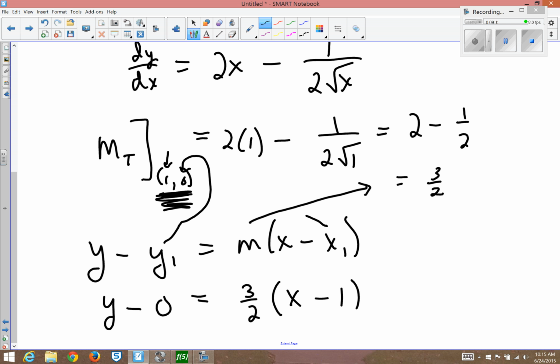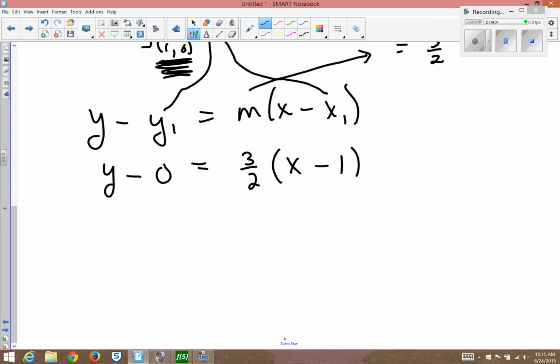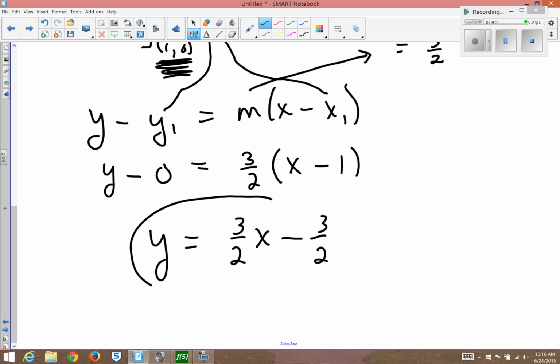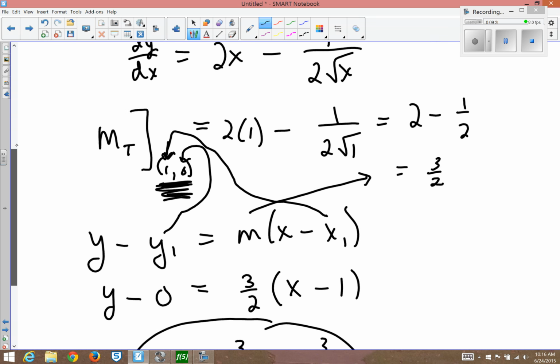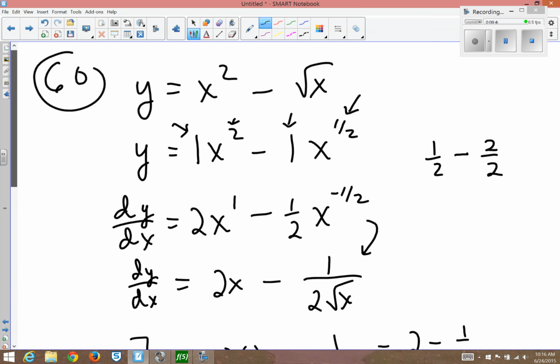X sub 1 is that number right there. Y minus 0 is y. Distribute 3/2 times x minus 3/2 times 1. And there's the answer.